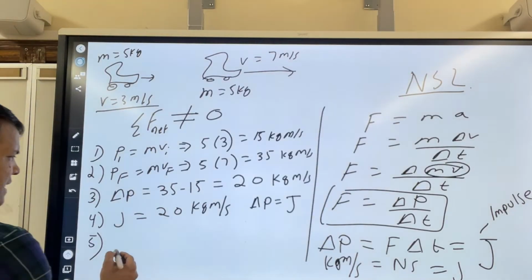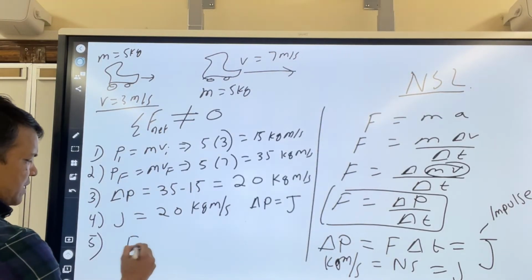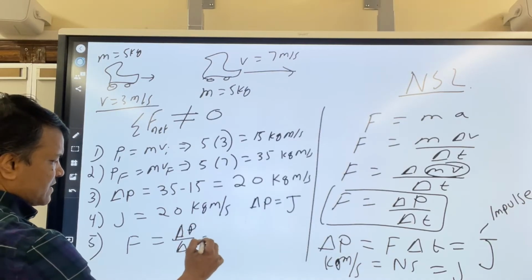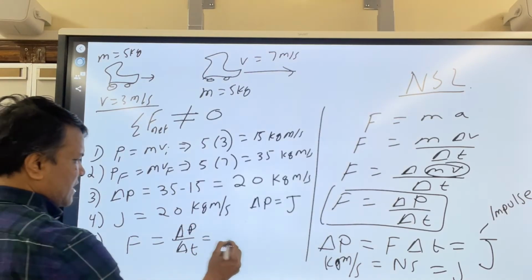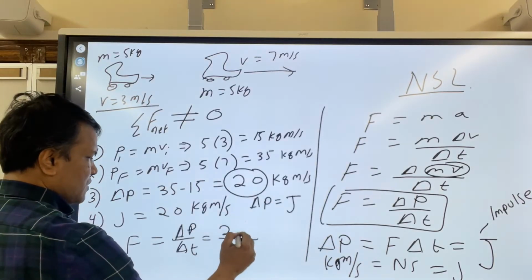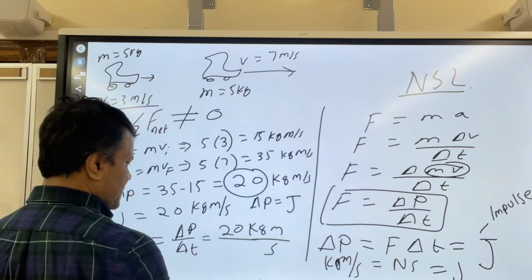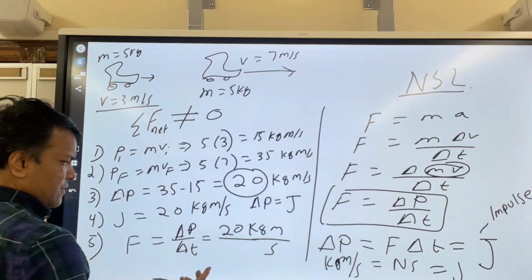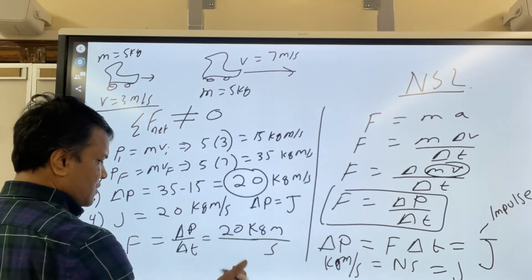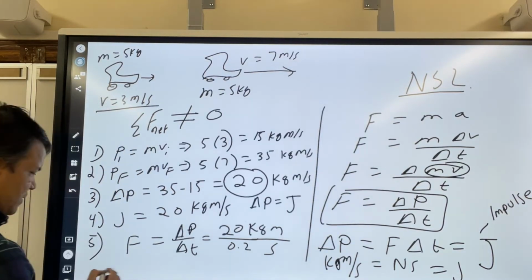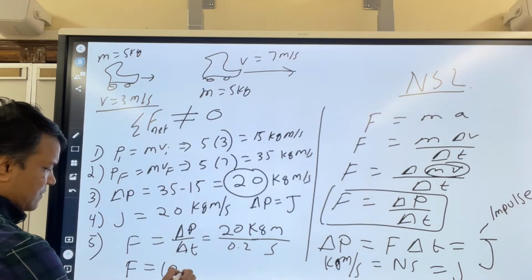Force would be delta P over delta T, so 20 kilogram meter per second over 0.2 second is 100 Newton. So F is equal to 100 Newton.